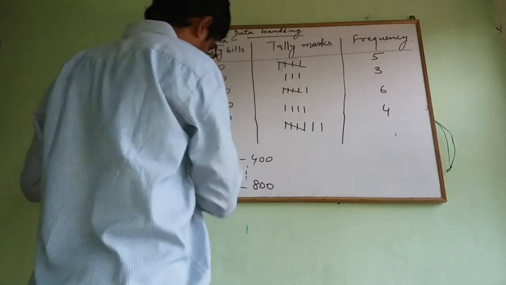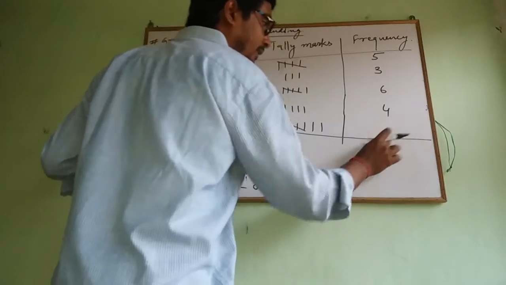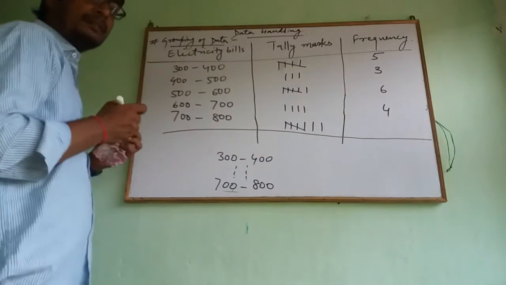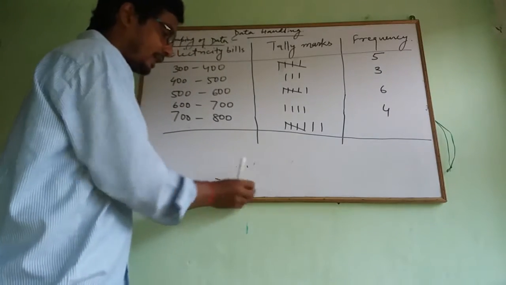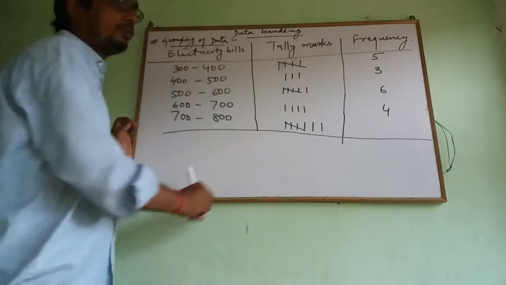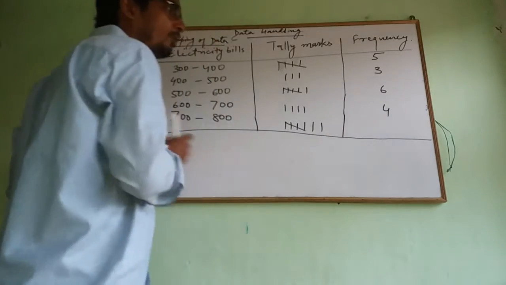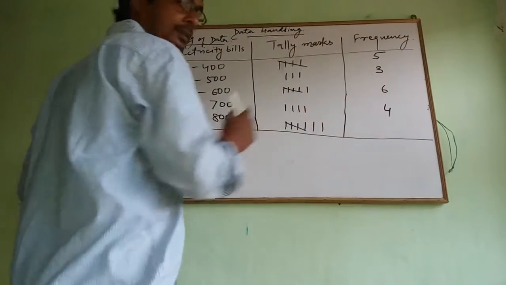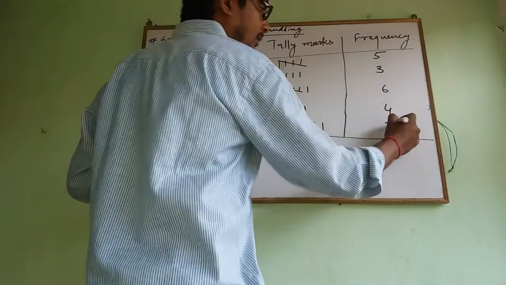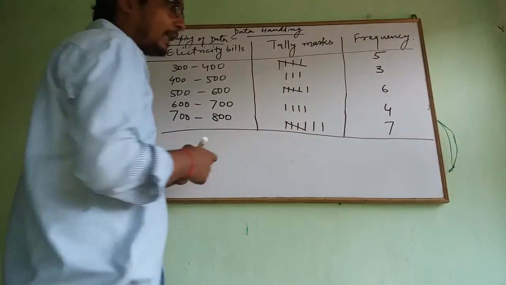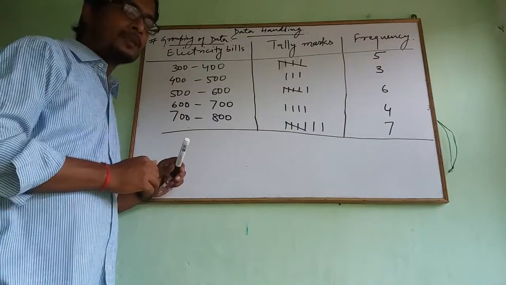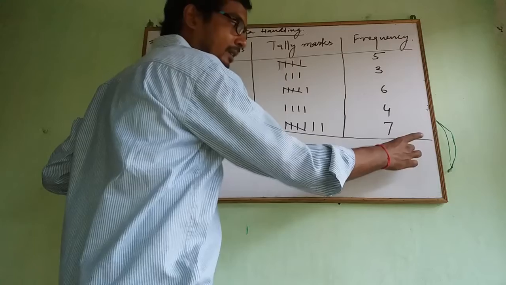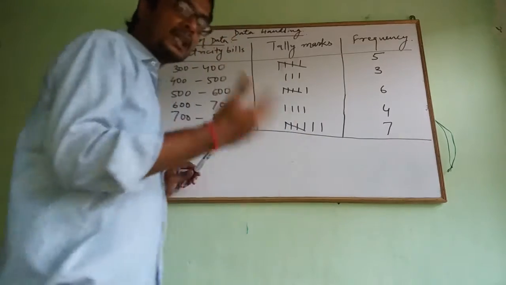Now you have to verify whether you have written the right frequency table or not. In order to verify that, you have to add this frequency. The number of data given to me is 25, so you have to verify whether the sum of the frequencies becomes 25.